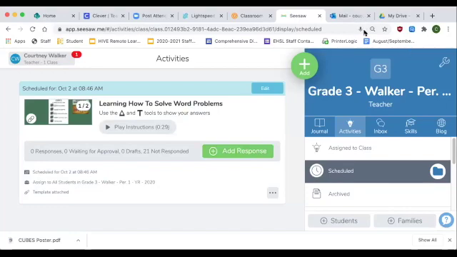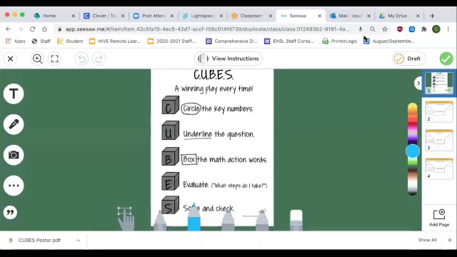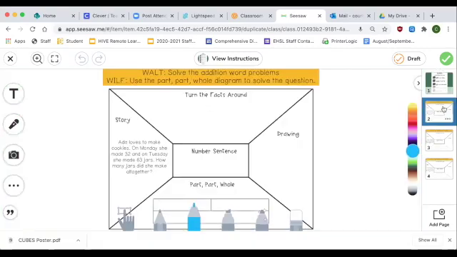So your activity is, again, on your very first slide, I gave you the examples of CUBE so you can keep coming back to it. Let's take a look at what your practice pages look like. The story or the word problem is on the left side of your page.